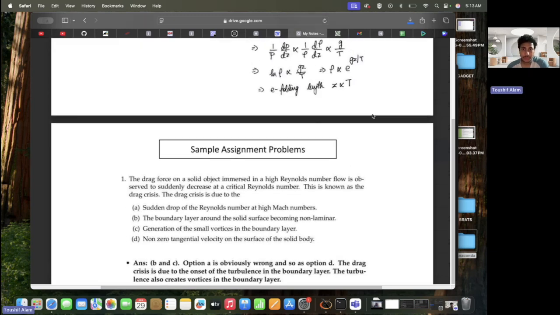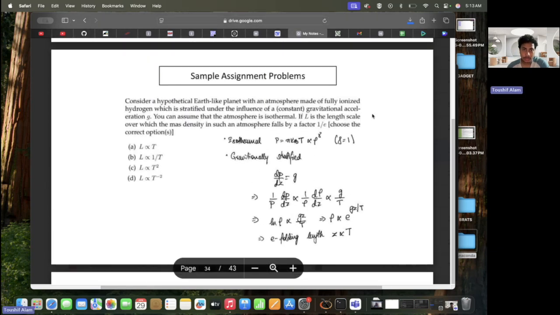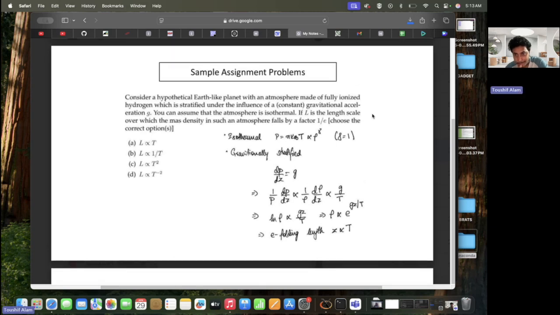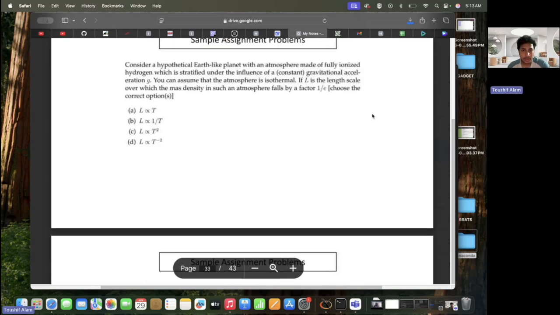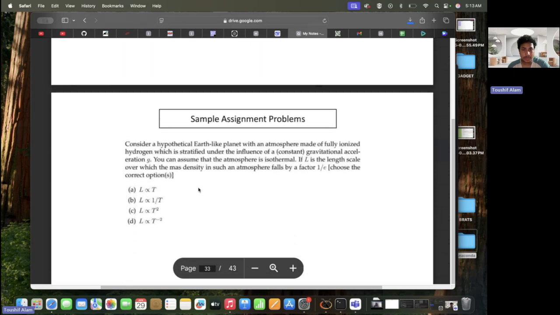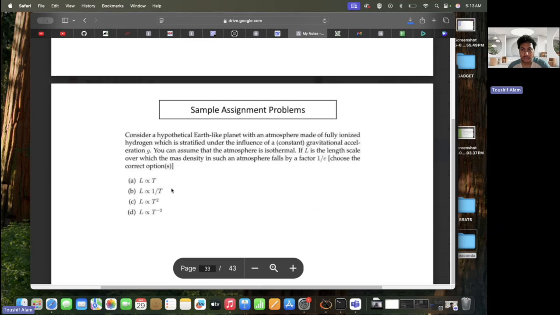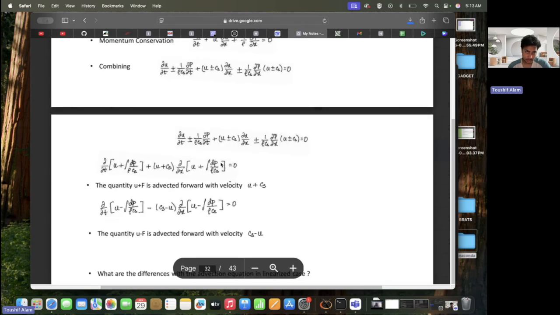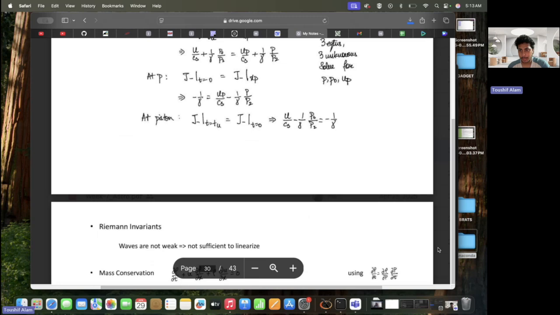In astrophysics, you will need this. This will be helpful for the upcoming ones. So still now we have discussed this, and this is the sample where the length scale is proportional to the temperature. You have done this in the earlier session also. That's all from this.